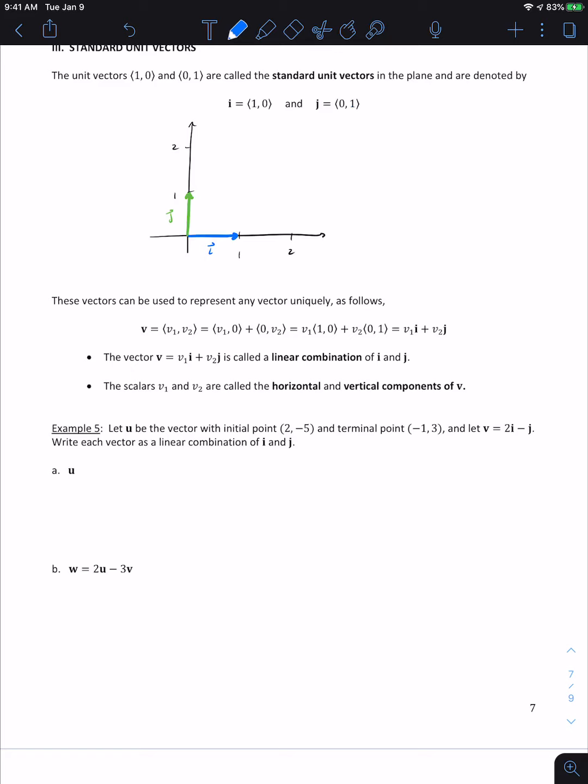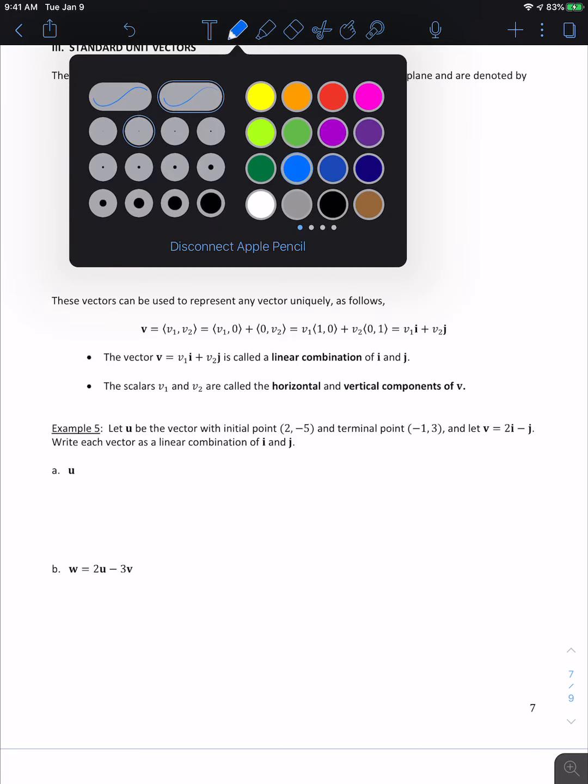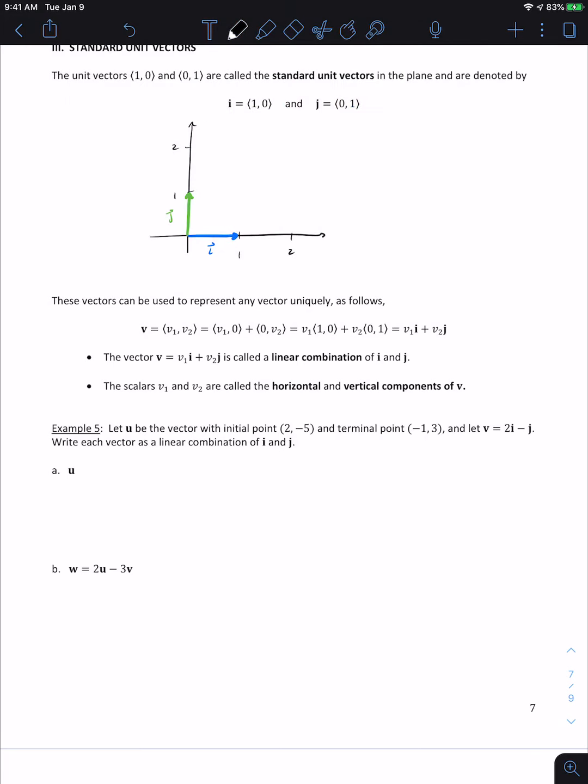Okay, so let u be the vector with initial point (2, -5) and terminal point (-1, 3), and let v equal 2i minus j. Write each vector as a linear combination of i and j. In order to find u, I'm going to go with my usual notation.